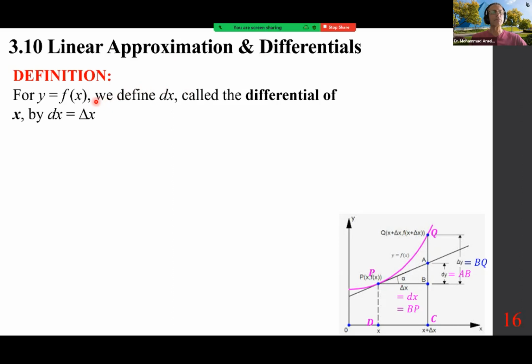Here's the definition. For a function y equals f of x, we define dx, called the differential of x, by dx equals delta x. So you have a curve, and the run along the x-axis, this distance if we pick 2 points, is called delta x, which is identical to dx, the distance of BP.